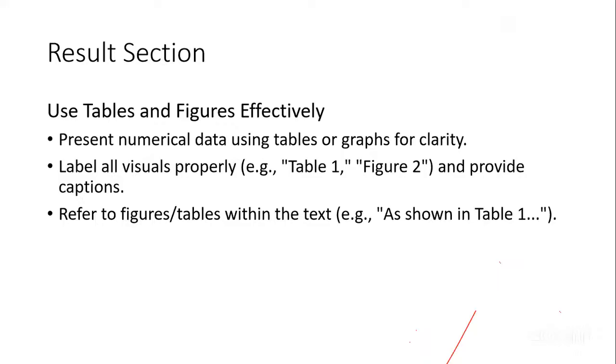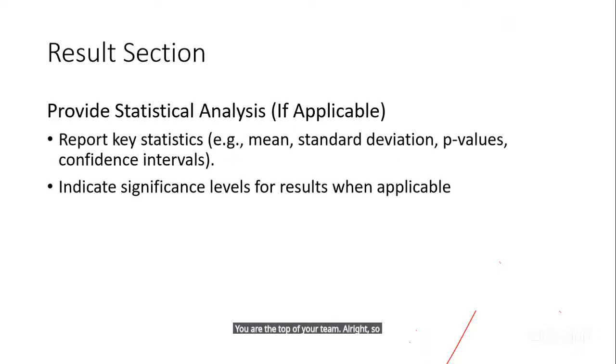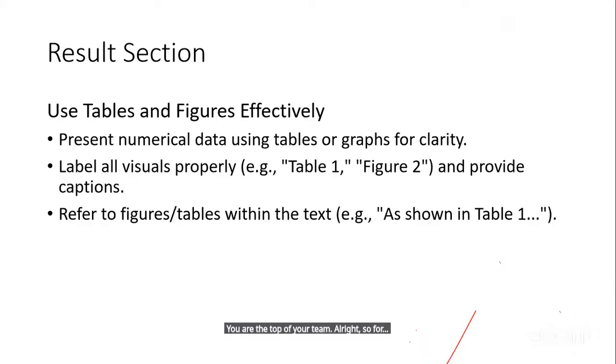Okay. So the title of your table will be at the top of the table. All right. For a figure, the title of your figure will be below the figure.